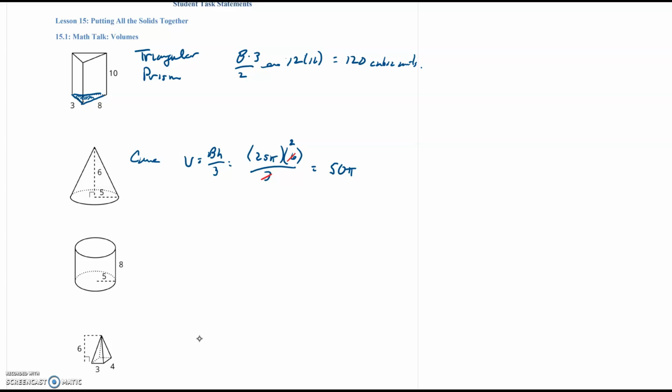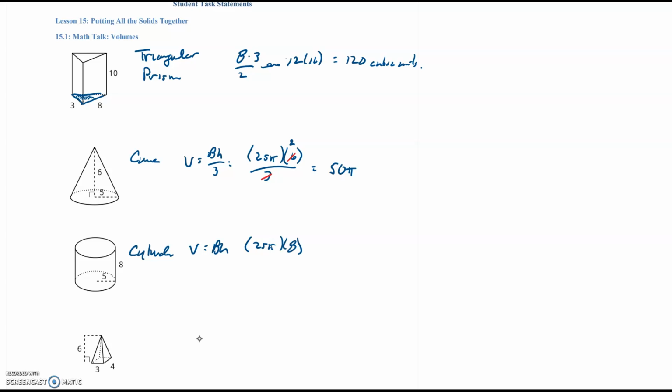The next shape is a cylinder, and I know the volume of a cylinder is just the area of the base times the height. My base is the same as the cone, so that base is going to be 25 pi times the height of 8.